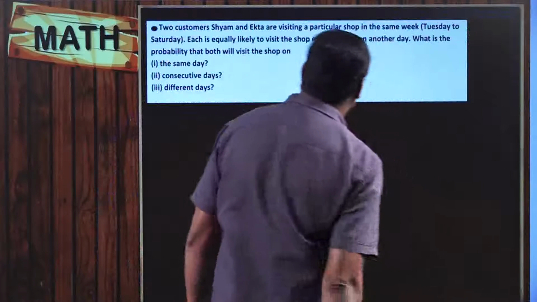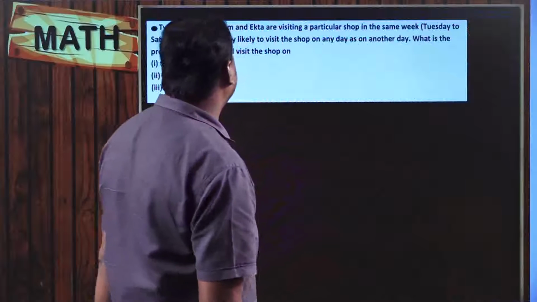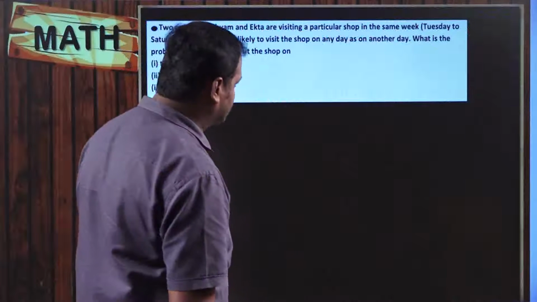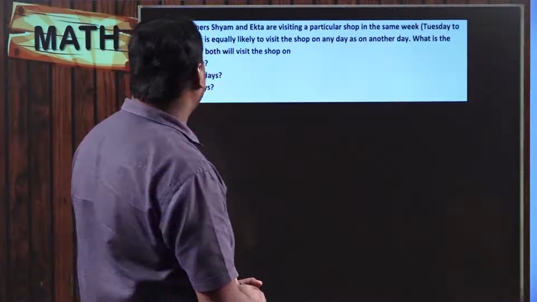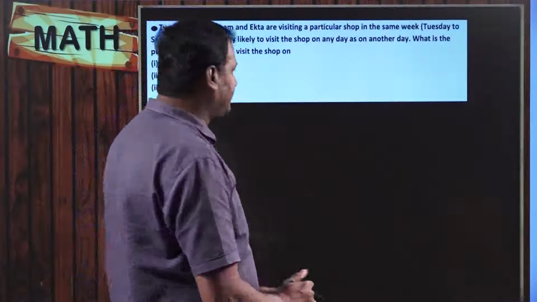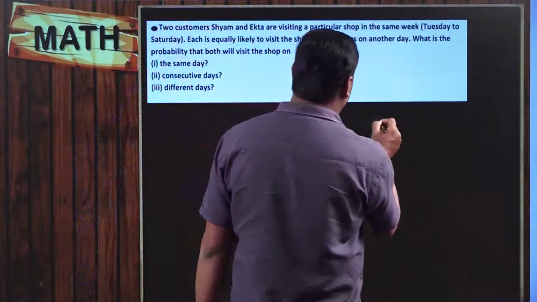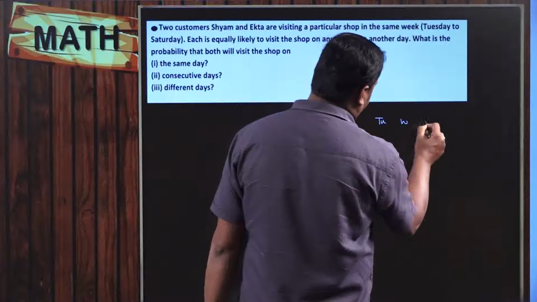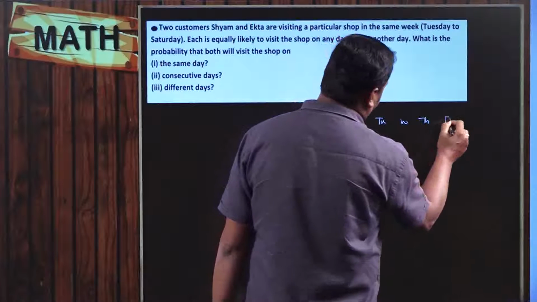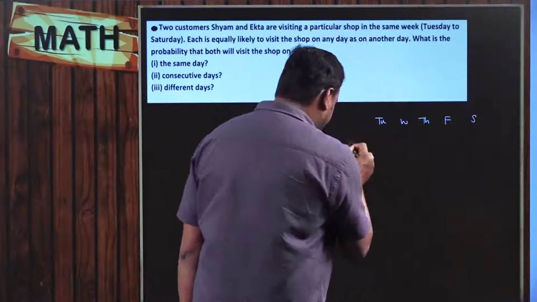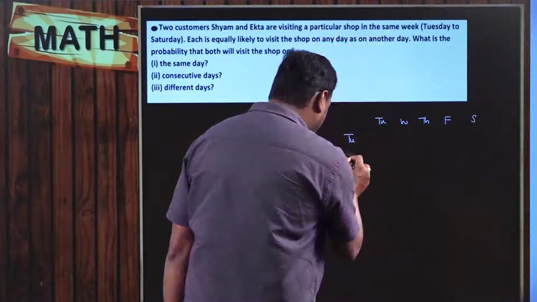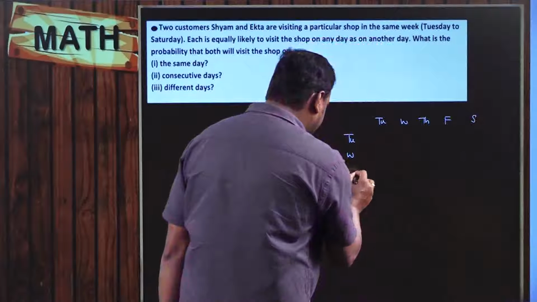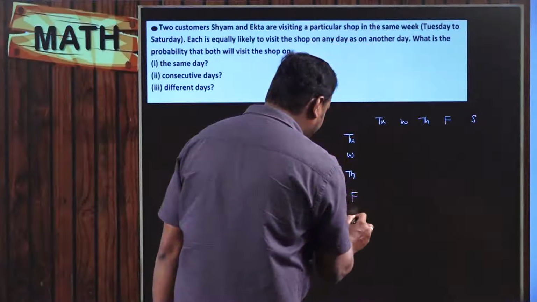And moving on to the next problem. So two customers, Shyam and Ekta, are visiting a particular shop in the same week, Tuesday to Saturday. Okay? Tuesday, Wednesday, Thursday, Friday and Saturday. Here also Tuesday, Wednesday, Thursday, Friday and Saturday.